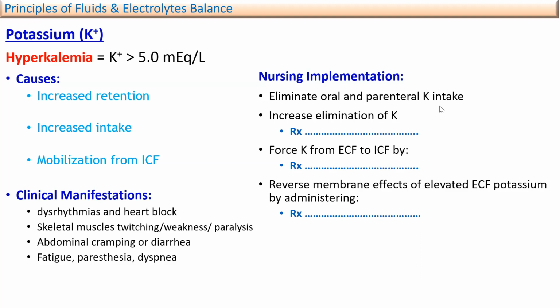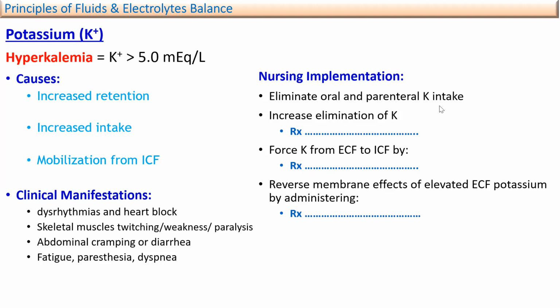When you administer potassium-sparing diuretics like spironolactone, that results in retaining potassium and hyperkalemia. Or sometimes patients develop hyperkalemia from the increased intake of potassium or mobilization from the ICF, like tissue destruction and burn cases, or metabolic acidosis, and we'll explain about metabolic acidosis and hyperkalemia in the upcoming slides.